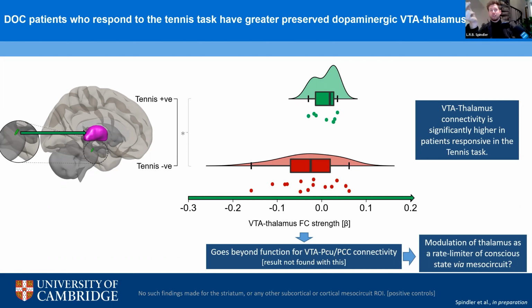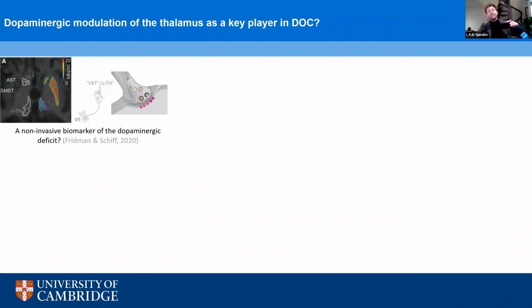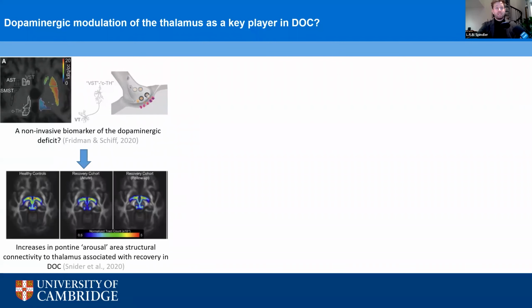And I think this is quite encouraging for the fact that this might actually be something specific to dopaminergic modulation of the thalamus. And again, it could be that what we're capturing here is a non-invasive biomarker of this dopaminergic release deficit. And in fact, we know that in this case, structural rather than functional, but structural connectivity from the pons to the thalamus is the most predictive connectivity for recovery after DOC.